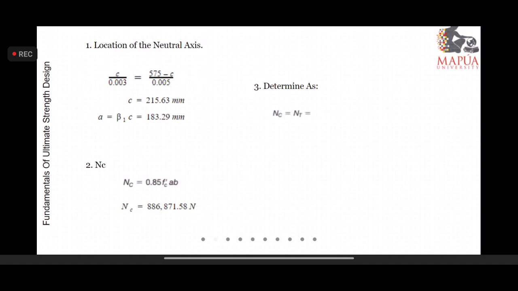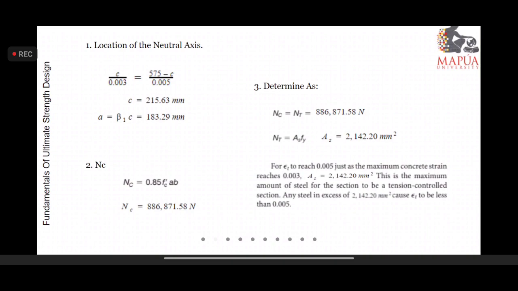And we determine the As. The As is equal to Nt, which is equal to As fy, which is equal to that magnitude. And that As, based on the given fy, is equal to 2,142.2 square millimeters. For the epsilon t computed this way, just as the maximum concrete strain reaches 0.003, the As is equal to this.